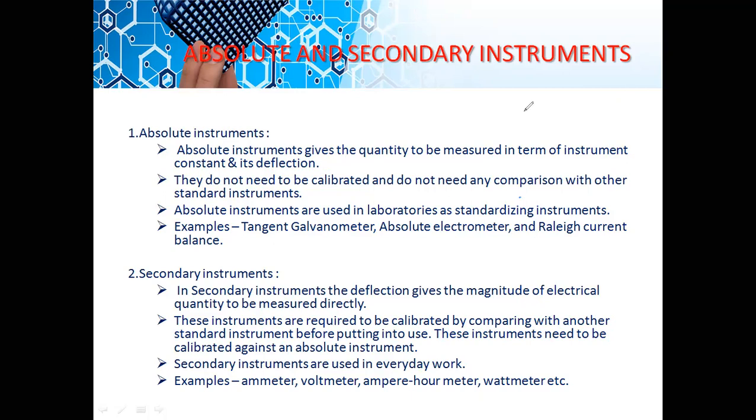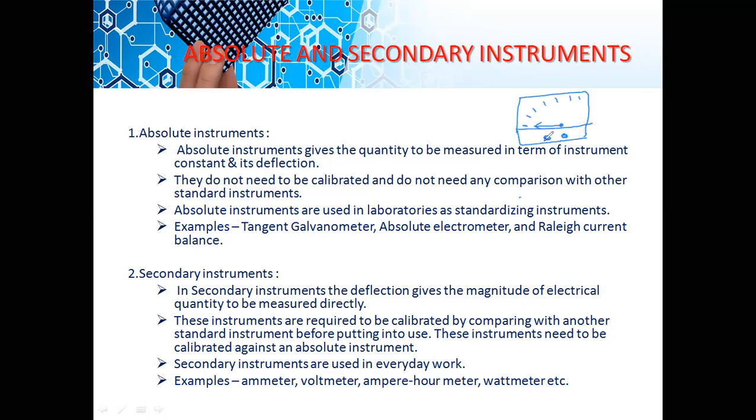That means, suppose I have constructed a meter like this. This portion is the dial or display portion. I am having readings here and I am having a pointer. Say these are the terminals to which I have to connect.